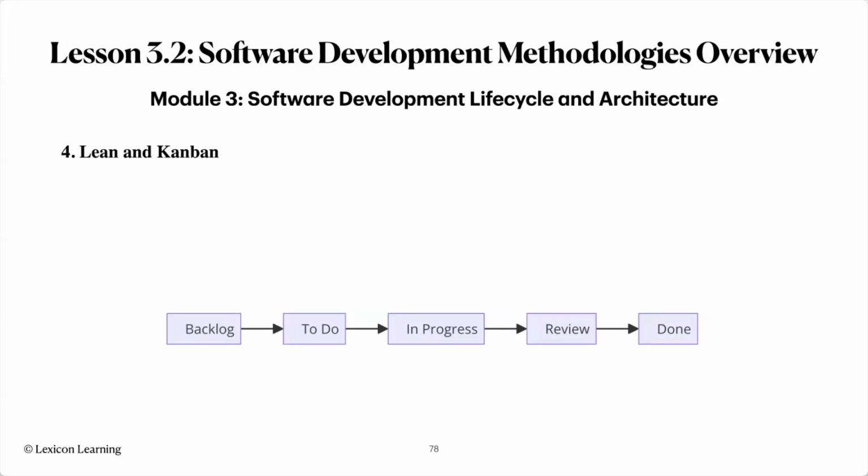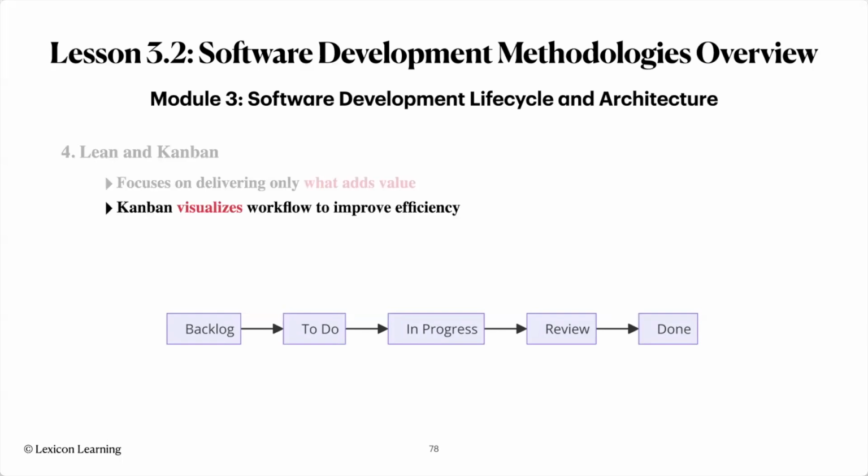The strengths are it encourages incremental improvement and transparency. The limitation is less predictive and less prescriptive, requires teams to define workflows clearly. And the best use is for optimizing workflows and reducing bottlenecks.